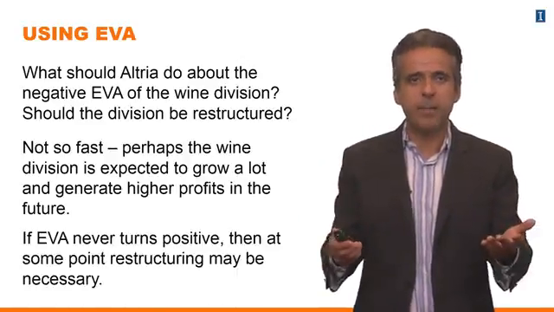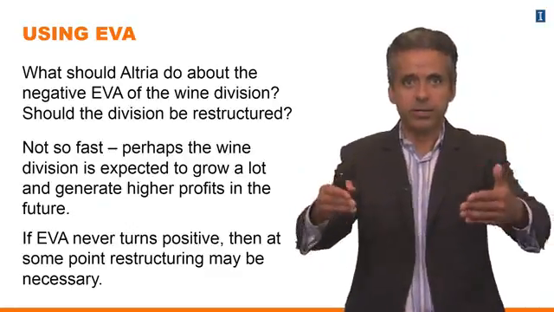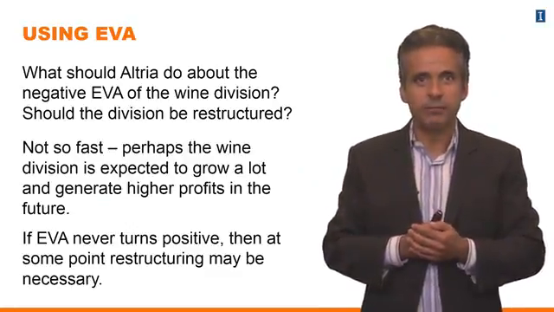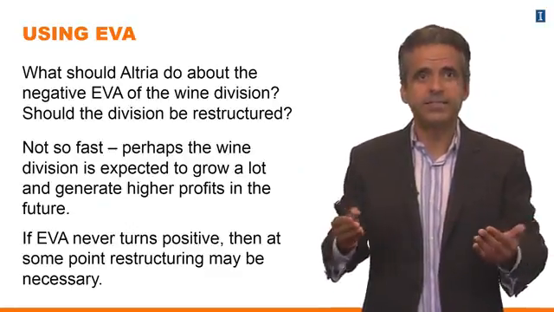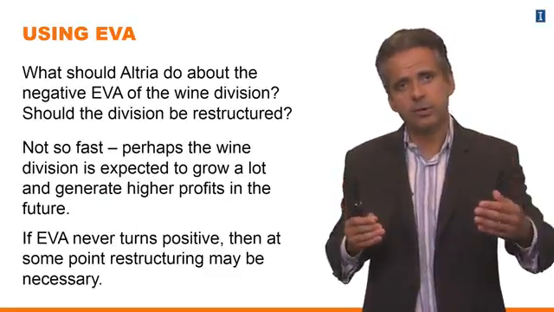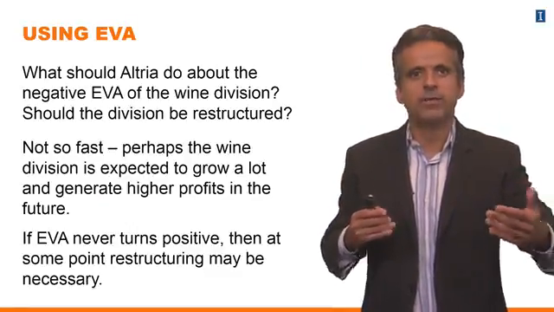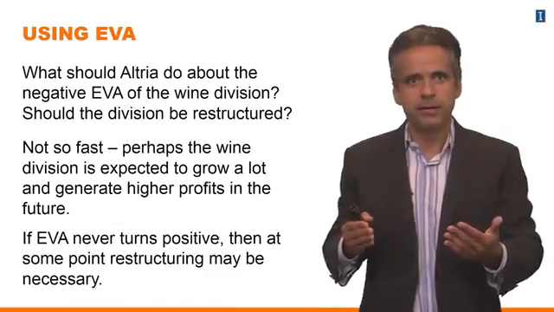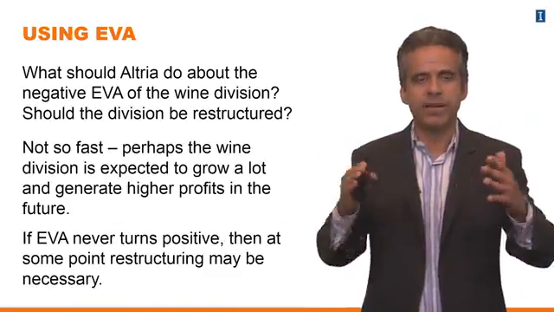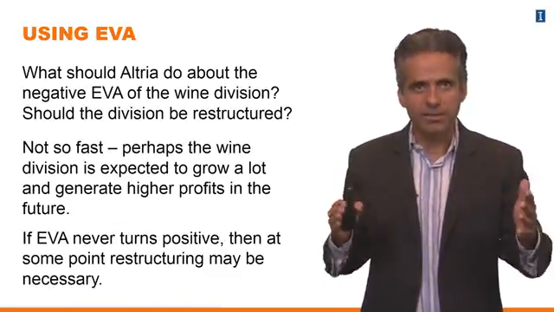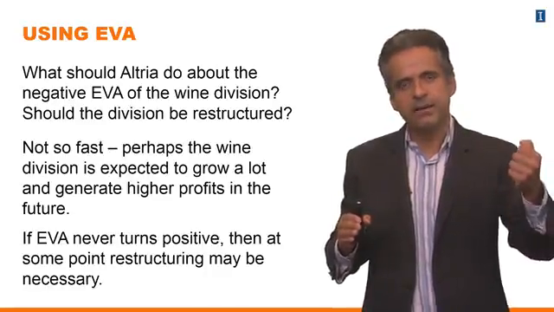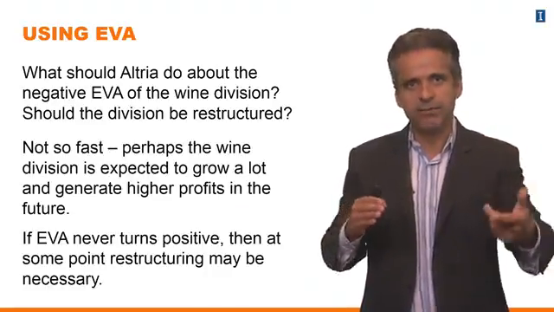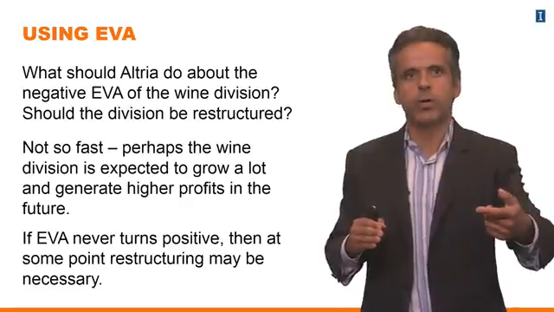If that never happens, if EVA never turns positive, then at some point a restructuring is necessary, right? Essentially, this means that that division is not creating economic value. Something has to be done, okay? So it's very useful information for a CFO, for a CEO, for the company as a whole to use EVA and be able to figure out whether a division or a project is contributing economic value or not.